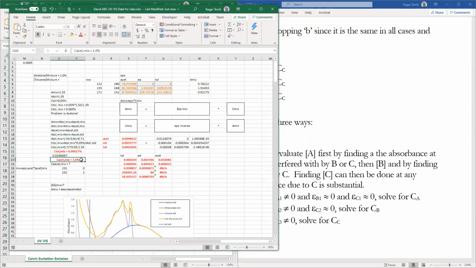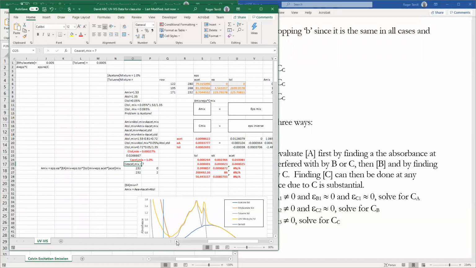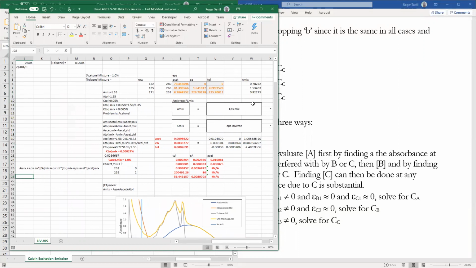So the only one you haven't done is ethyl acetate in the mixture, right? Yeah, it looks like it's just that one. Okay, got it. So basically, we have to come now to 232, right? And this is the absorbance there, right?